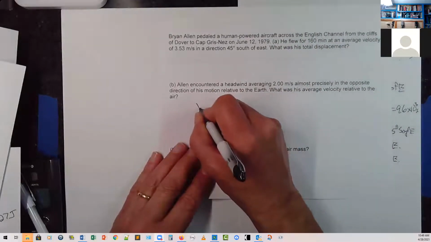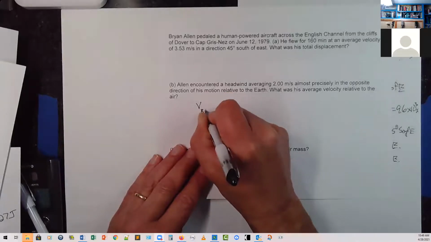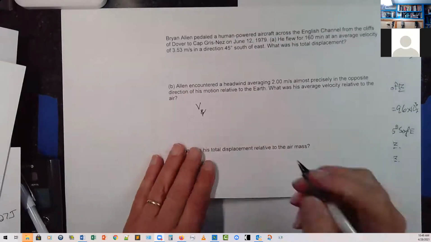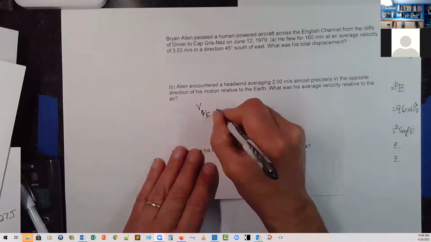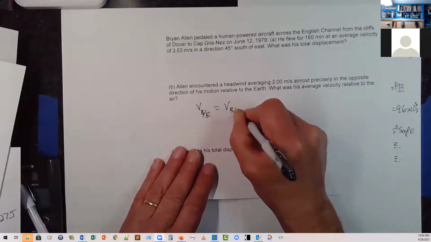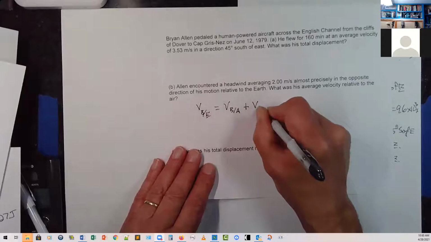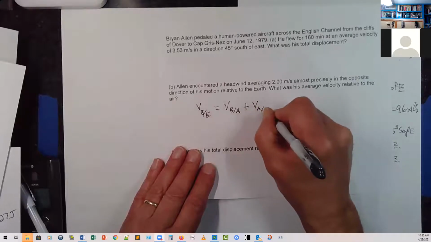His velocity, this is the velocity of Brian with respect to the Earth, is going to equal the velocity of Brian with respect to the air plus the velocity of the air with respect to the Earth.